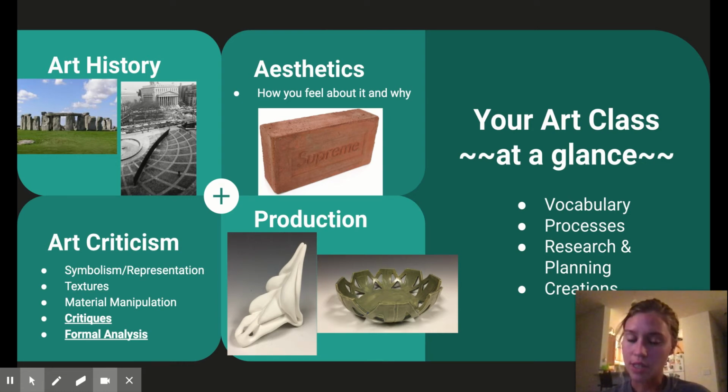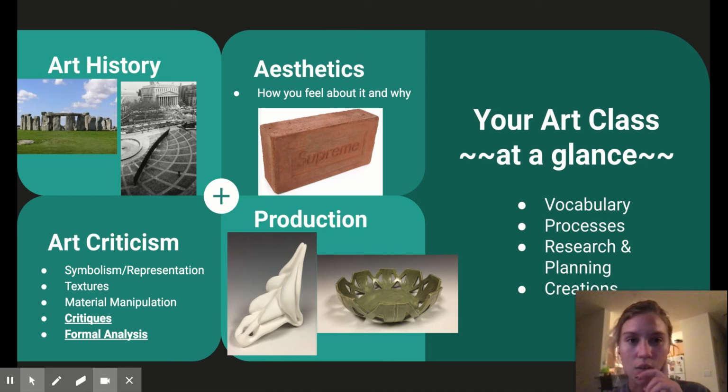And then production. This is the actual making of the things, actually putting it together, the techniques and all that jazz. But then there's that fourth part. And that's what we're focusing on today. So that is where you're getting into what it means and what you can actually see when you look at it.